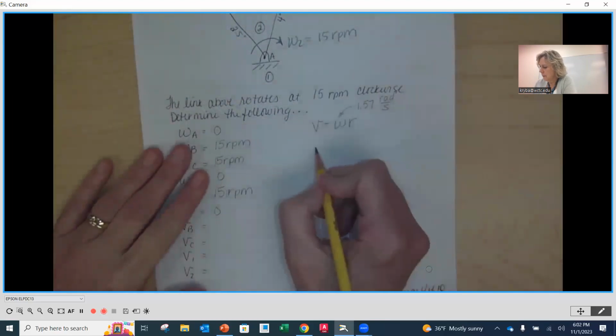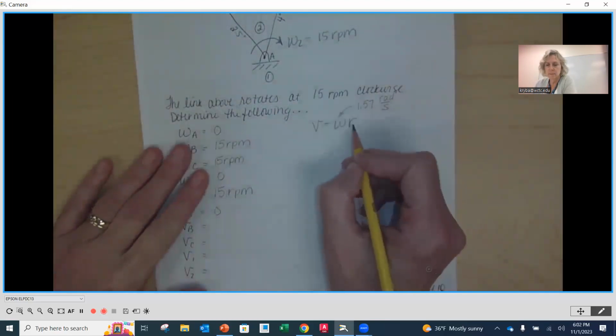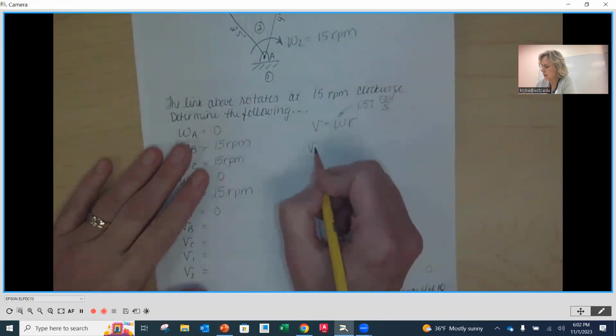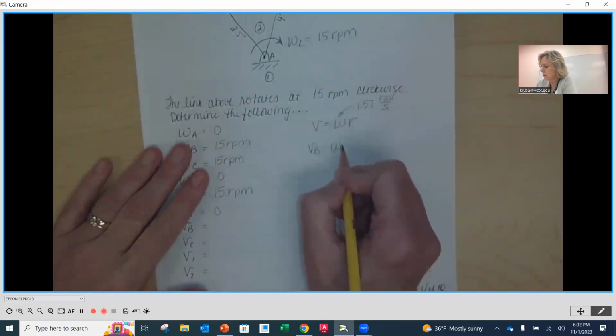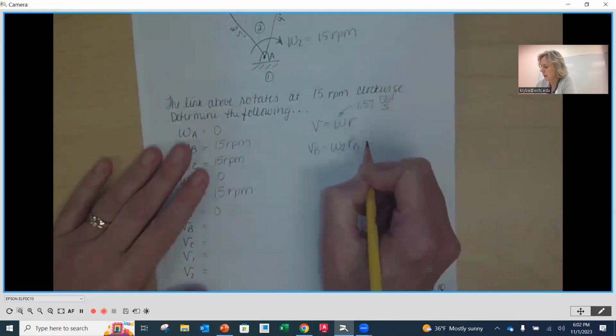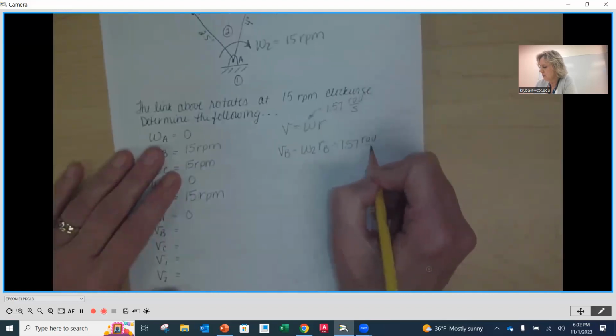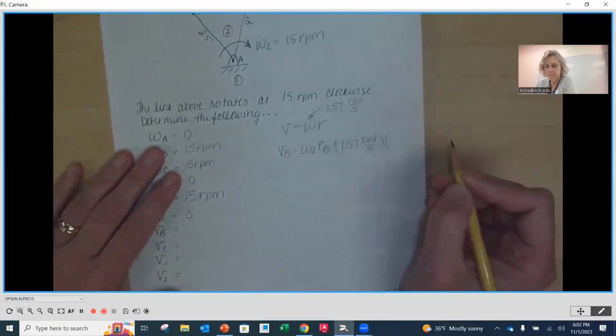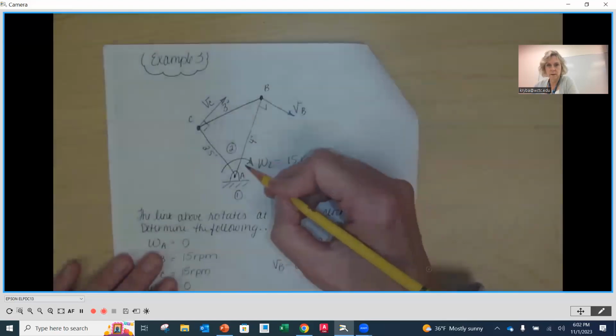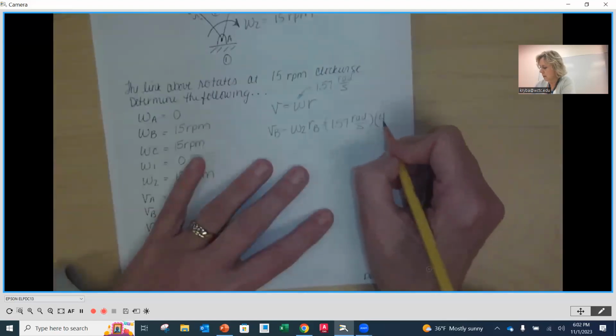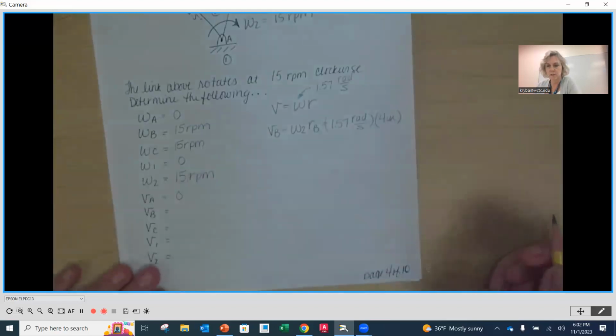My R is going to depend on if I'm at B or C. So VB is going to be equal to W2 times RB, which is 1.57 radians per second times this radius, 4 inches, back to the center of rotation.